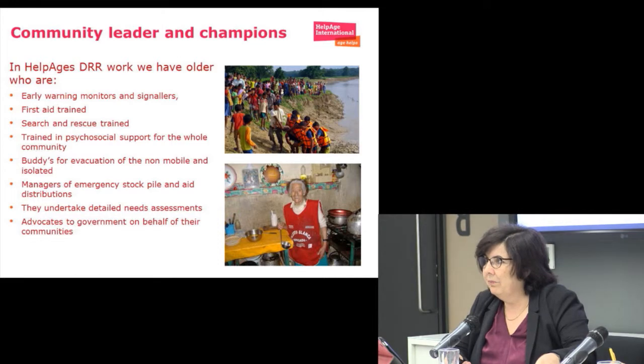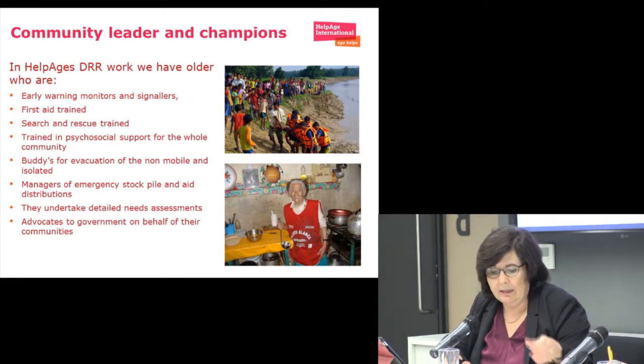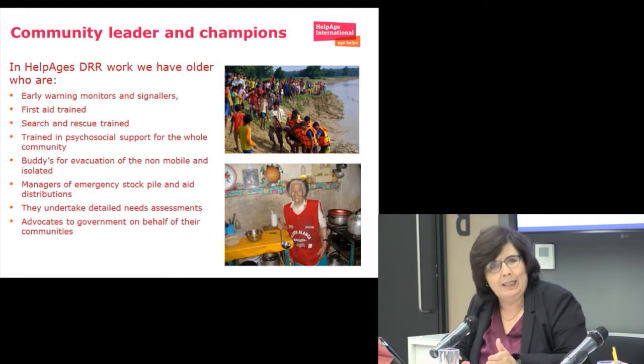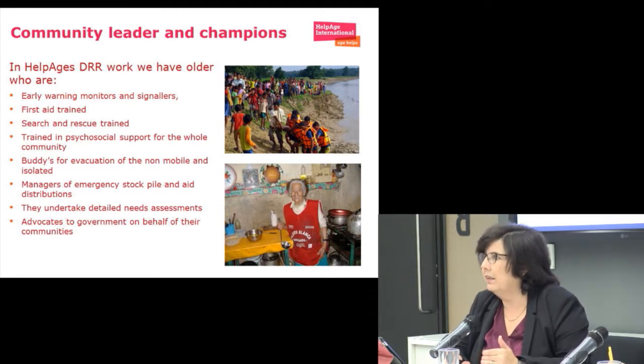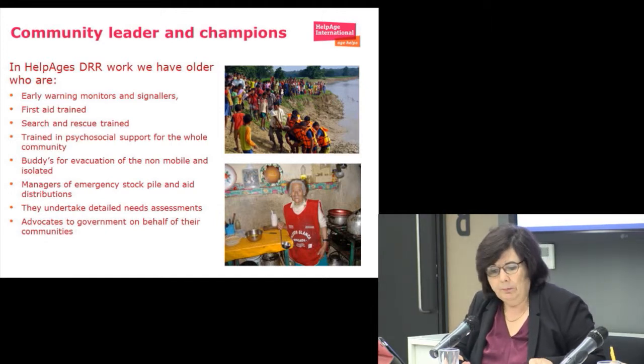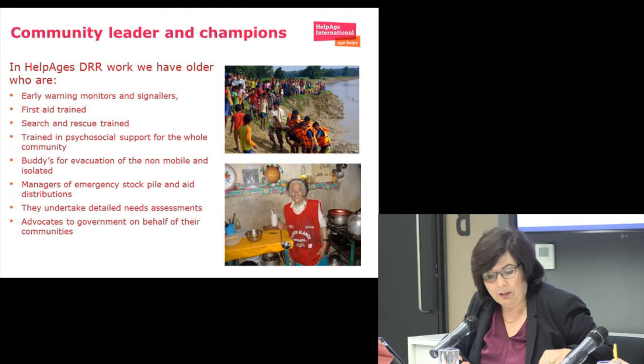In the publication we are launching today, a lot more detail is given about how the vulnerability and the contribution that older people can make can be used in early warning, in first aid, in search and rescue, psychological support, evacuation, stockpiling, and detailed needs assessment.